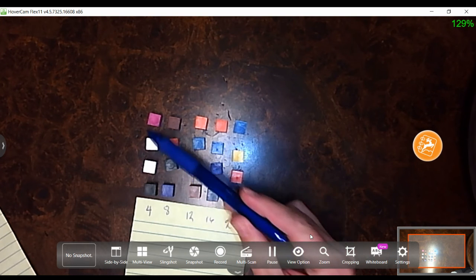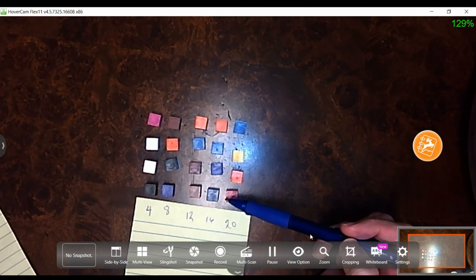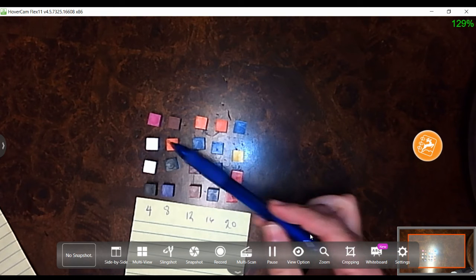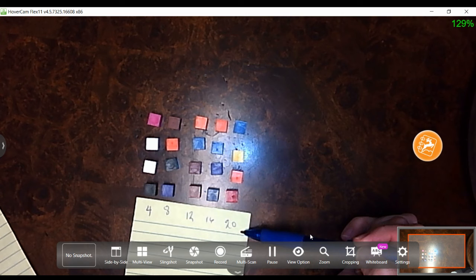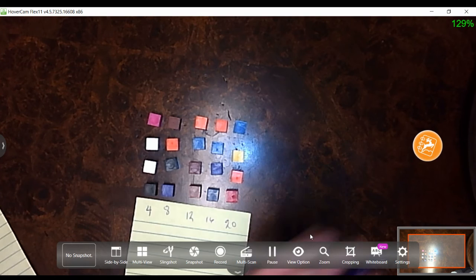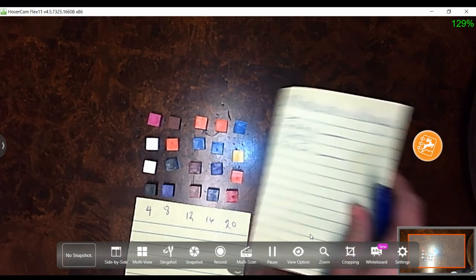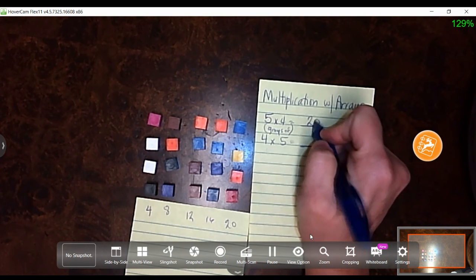So when I say there are 5 groups of 4, we want to make sure there's 5 groups that all have 4 in them. So we want to make sure they are equal groups. Just organizing them down here and counting, if you're counting by ones, helps you to stay organized. So 5 groups of 4 was 20.